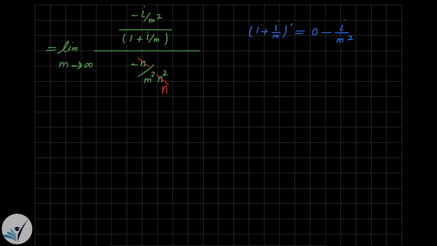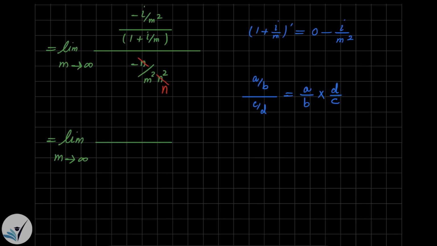As a reminder, if you have a fraction a over b divided by another fraction c over d, you can rewrite this as fraction a over b times the reciprocal of c over d, which is d over c. So we're going to use this to simplify our fraction here. So we have the limit as m approaches infinity.